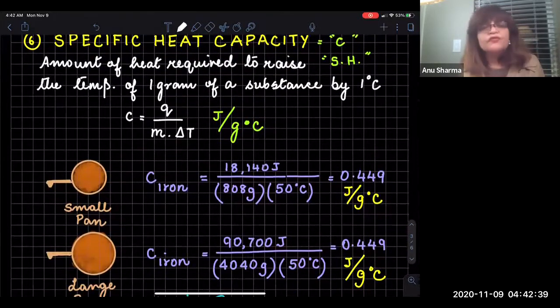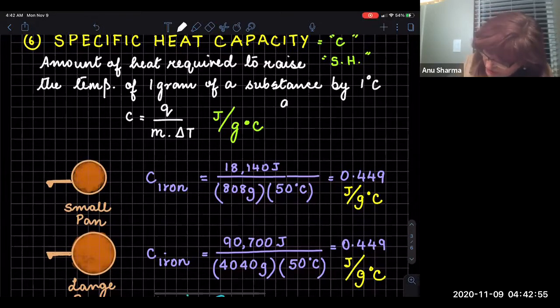It is the amount of heat required to raise the temperature of 1 gram of a substance by 1 degree Celsius. So Q is the amount of heat, M is the mass, delta T is the change in temperature, and C is the specific heat.